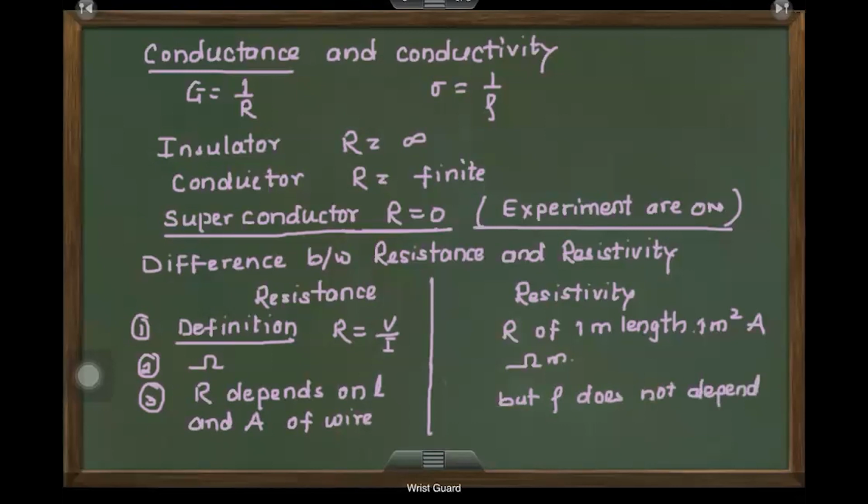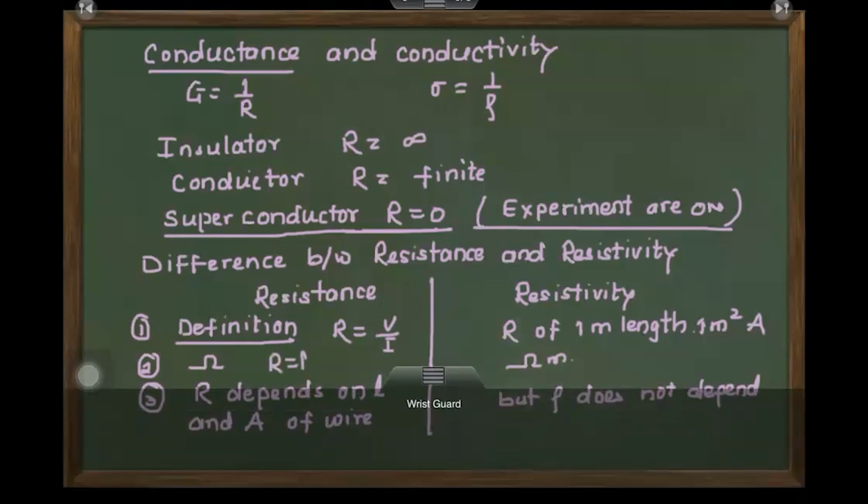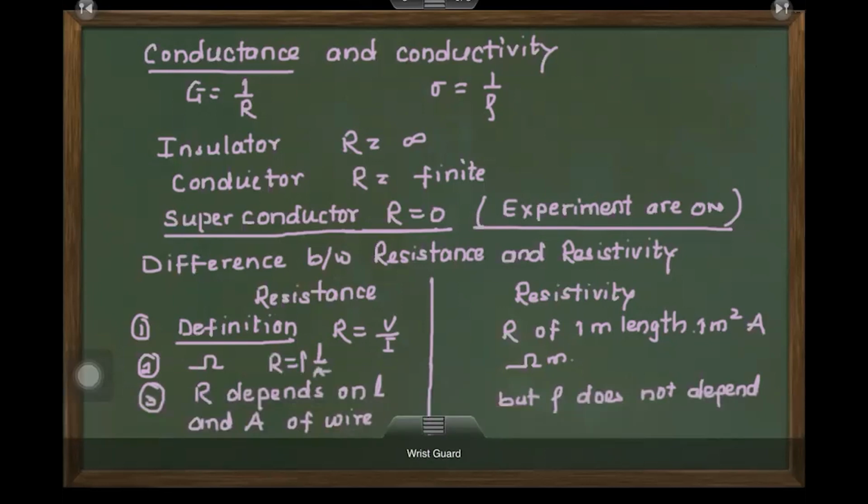Now, a question will arise in your mind when you compare. You wrote the formula R is equal to rho L upon A, and rho is equal to R A upon L. Look at this expression.